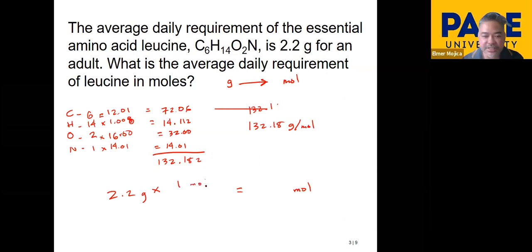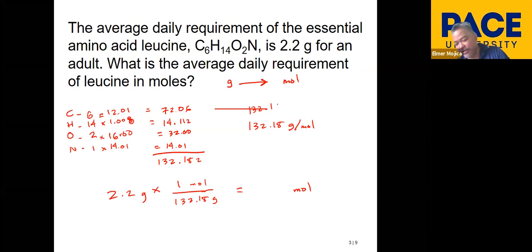This is the thing, I can assure you, since your quizzes are multiple choice, when you do the calculation 2.2 times 132.18, there is a number in one of the choices for that answer. So if you are not careful enough, then you fall into the trap.